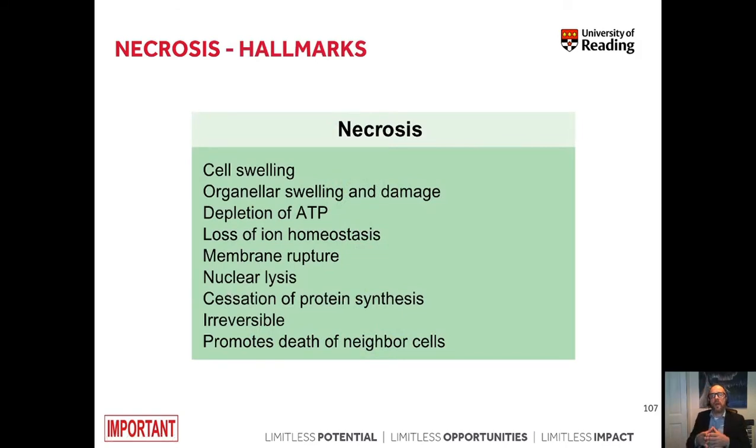So, what are the hallmarks of necrosis in a nutshell? We have cell swelling, we have organelle swelling and damage, depletion of ATP, and I hope that you remember that the levels of ATP are kept in apoptosis. We have a loss of ion homeostasis, membrane rupture, nuclear lysis, cessation of protein synthesis. Necrosis is also irreversible and also promotes death of neighboring cells.